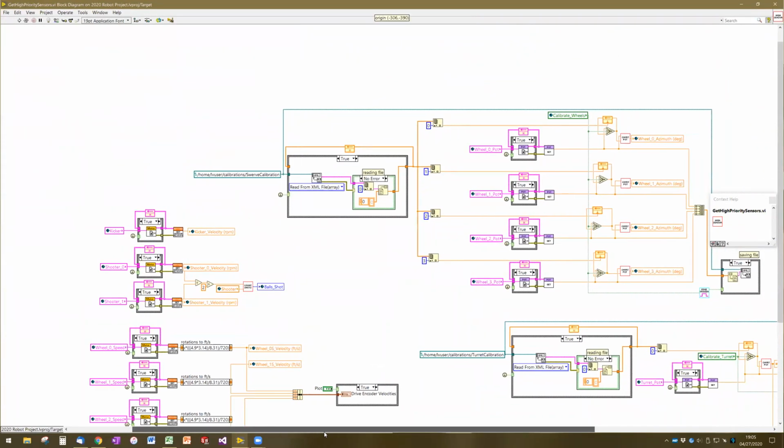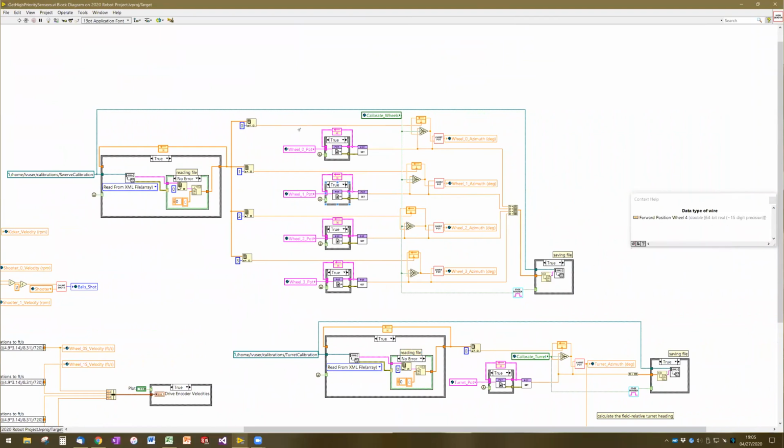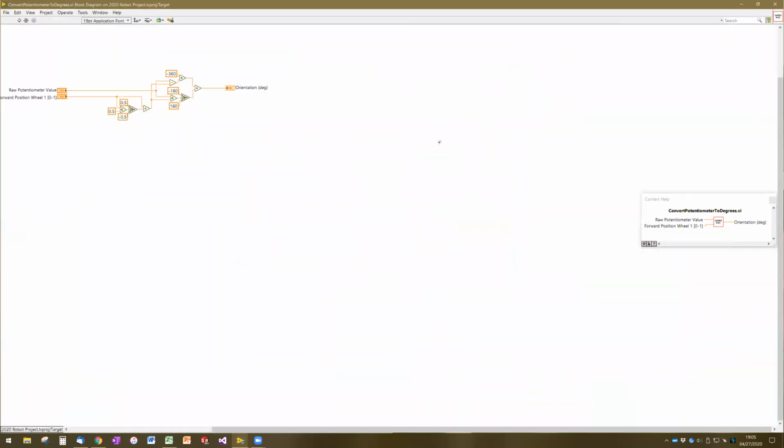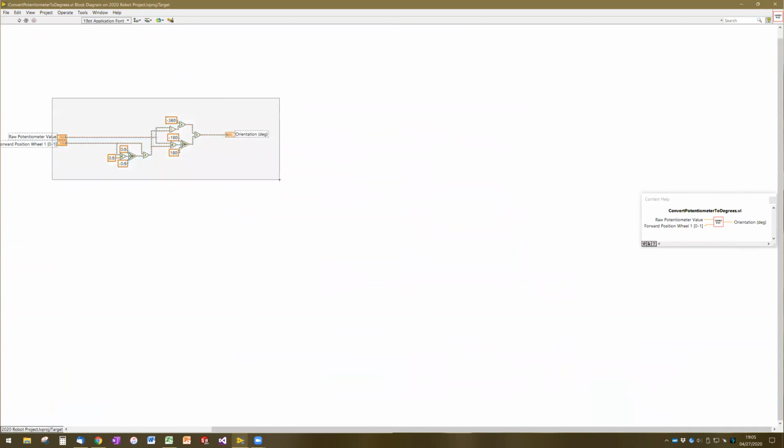Okay. So right here is where we are reading the values from the azimuth encoders. And then the first thing we need to do is do the conversion from the 0 to 1 value into those negative 180 to positive 180 degrees, which is down inside this block. And all this math is doing is implementing the 2 piecewise functions.